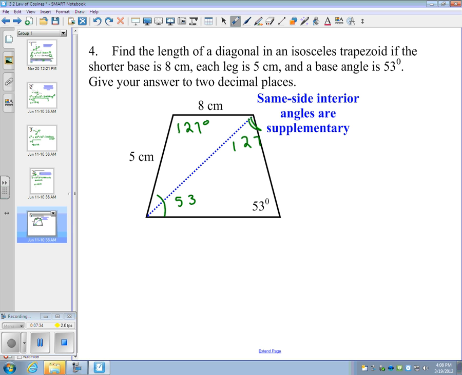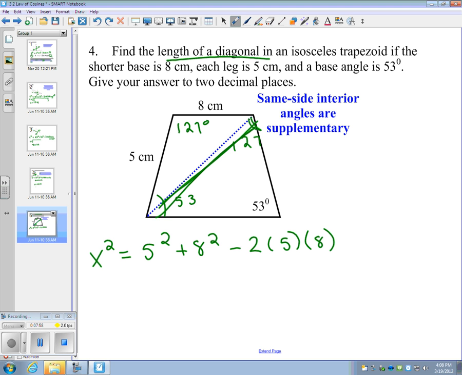So what we really want to find is the length of the diagonal. You can tell that by looking at this line right here. We can use the cosine law. That length squared is equal to 5 squared plus 8 squared minus 2 times 5 times 8 times the cosine of the angle directly across from that side, the cosine of 127.